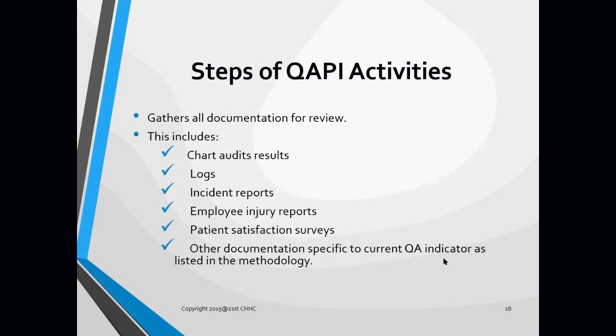So once all of the documentation is reviewed by the QAPI committee, and some of this includes the chart audits, logs, that's all of the logs that you're going to keep. That includes needle sticks, falls, rehospitalizations, infections. They're also going to be looking at any incident reports for the quarter, any employee injury reports.